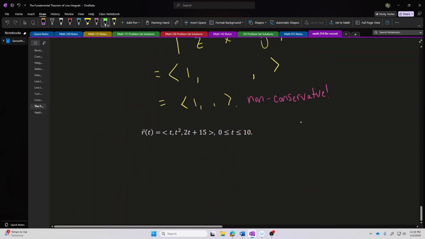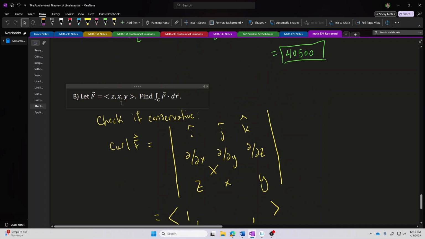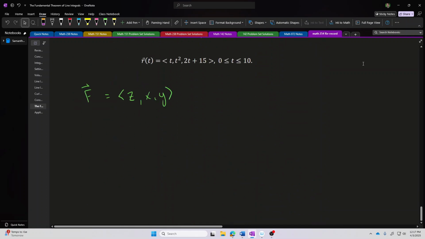So then I will go ahead and take my vector field, which was z, x, y, if I remember correctly. Yep, z, x, y. And I'm going to replace this z and x and y with this x, this y, and this z. And if I do that, now my vector field is in terms of t alone, giving me 2t plus 15.